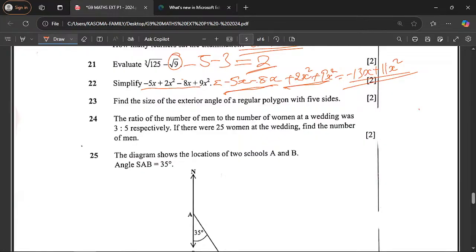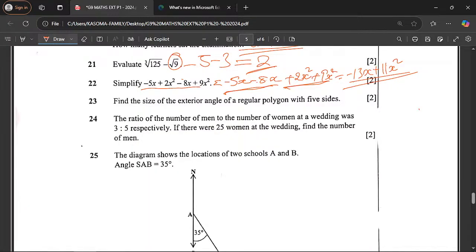We come to the next question, which is find the size of the exterior angle of a regular polygon with 5 sides. We're going to use the formula for the exterior angle. We know that the exterior angles of any polygon add up to 360 degrees.